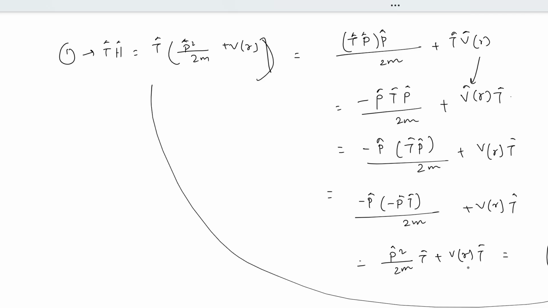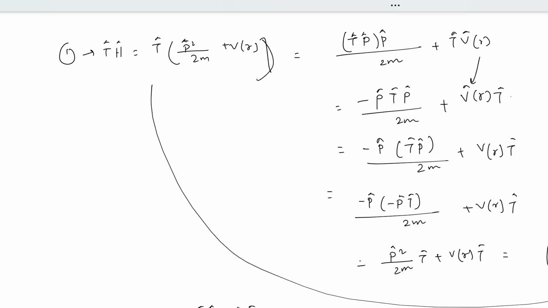So you are seeing that you started with TH and you are obtaining back HT. Hence, the commutation bracket relation TH equal to 0 is satisfied.